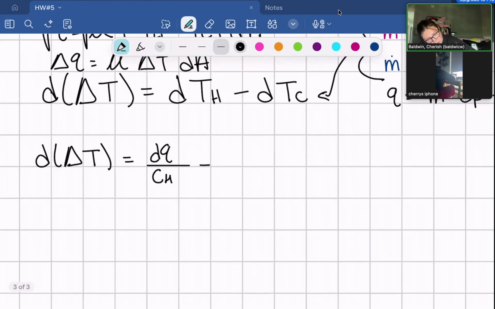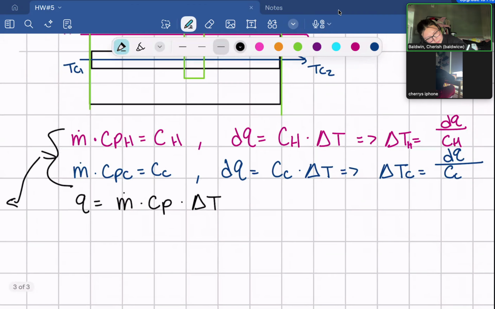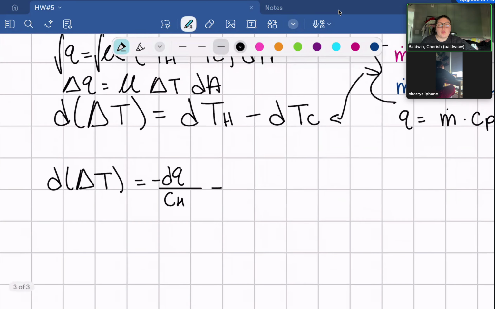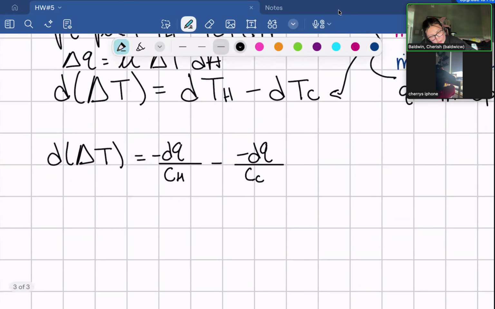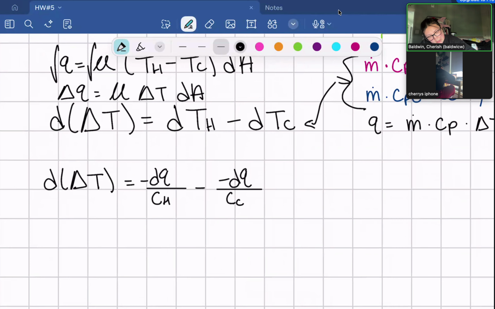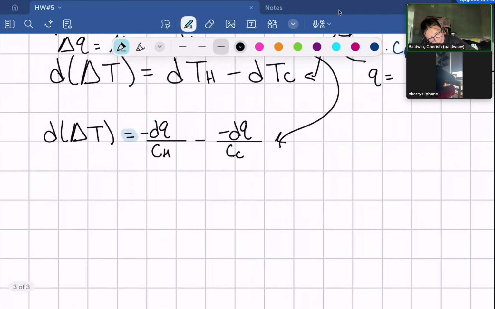Oh, and this is also negative because the heat flow capacity decreases at minus. All right, and now we can input this equation into there.